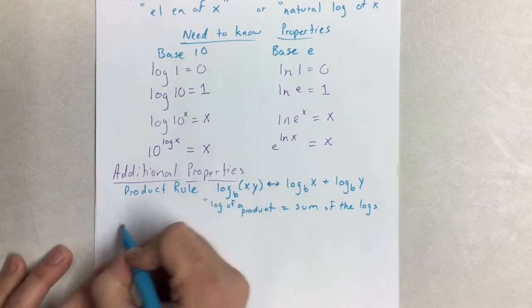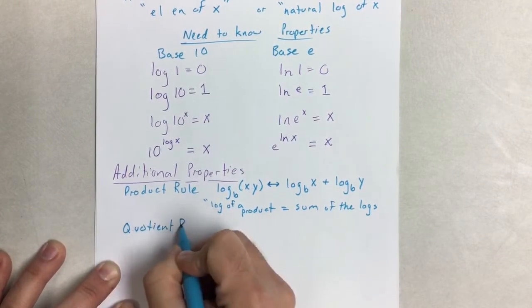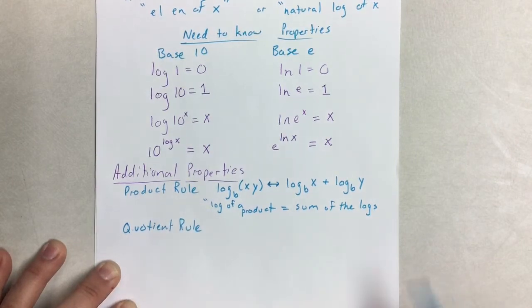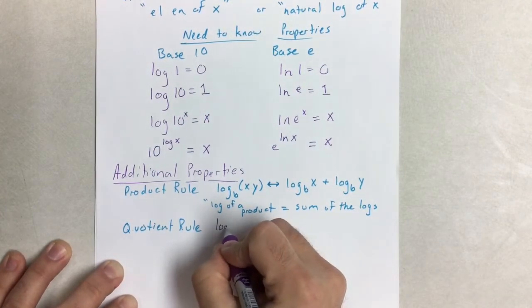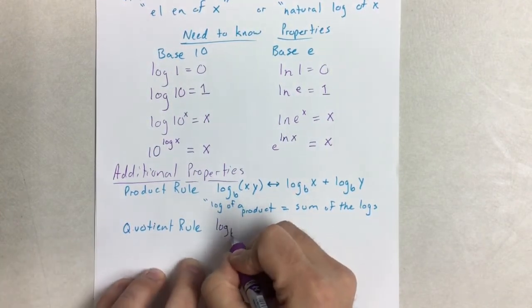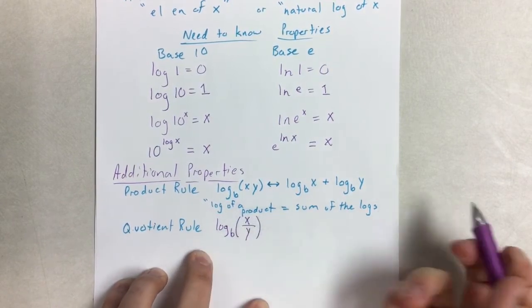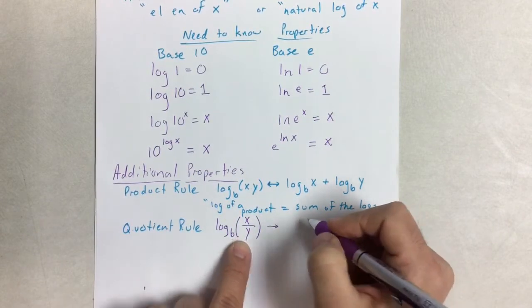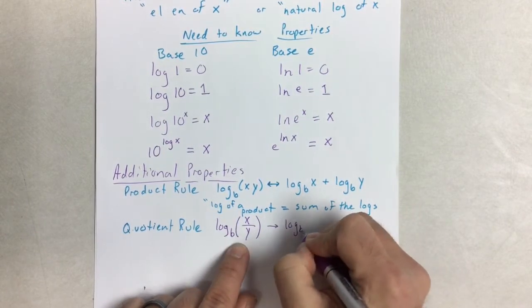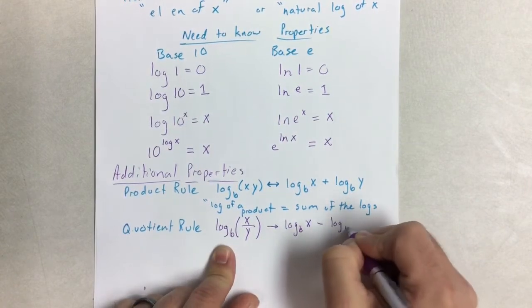Next, the quotient rule. I'll switch up the colors here, just adding contrast to what you're seeing. The quotient rule says if I have the logarithmic function and I have a quotient, so that's a fraction, a ratio, this translates to the difference of the two: log base b of x minus log base b of y.